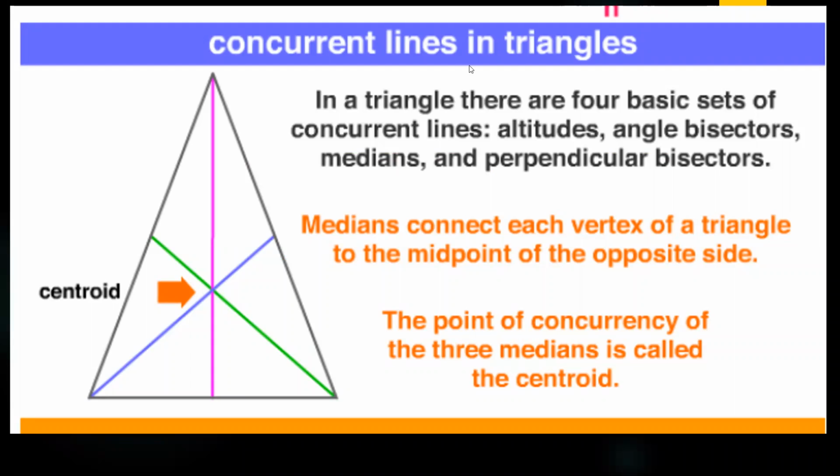In the triangles, we have four sets of concurrent lines: altitudes, angle bisectors, medians, and perpendicular bisectors.